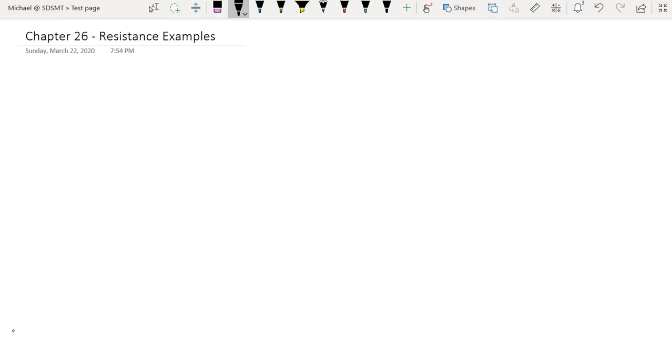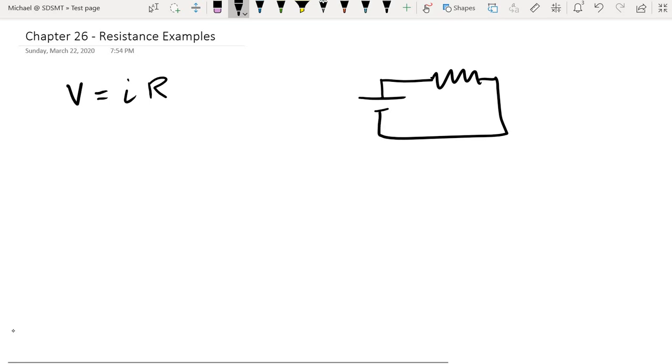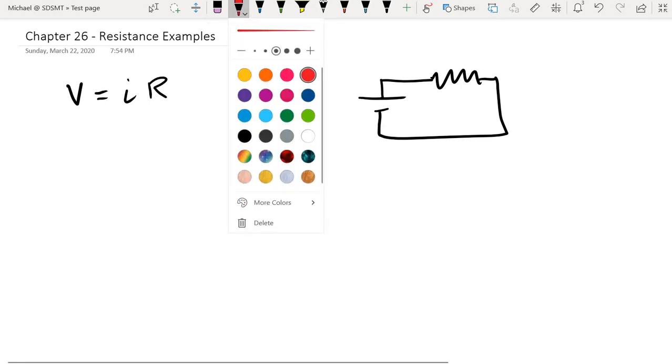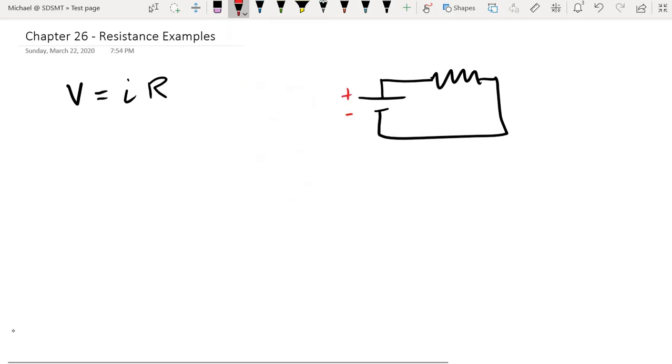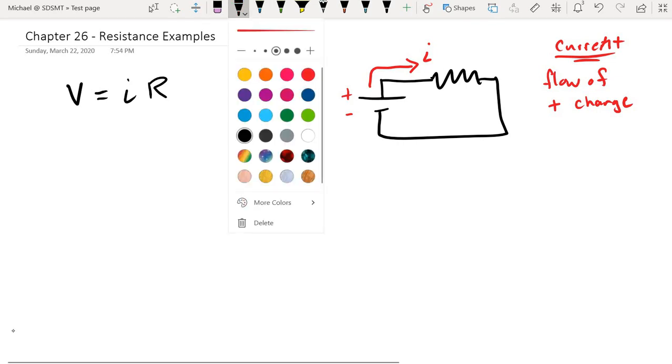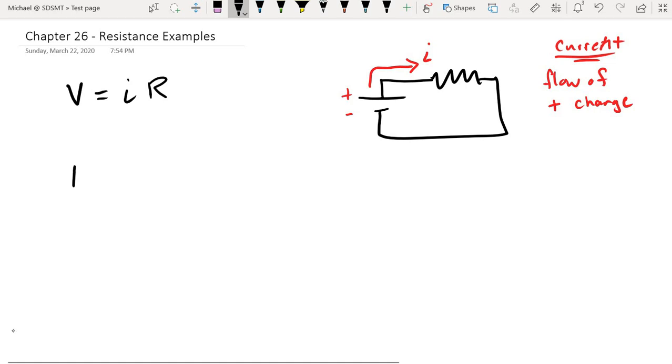To recap, the two main equations that we were using were, first of all, Ohm's law, which says that the potential that is applied to a resistor will result in a current of I. Our battery symbol over here, which has the positive and negative nodes, connected to the resistor will result in some current running through the resistor in this direction, and we know it's going to be in that direction because current is the flow of positive charge.